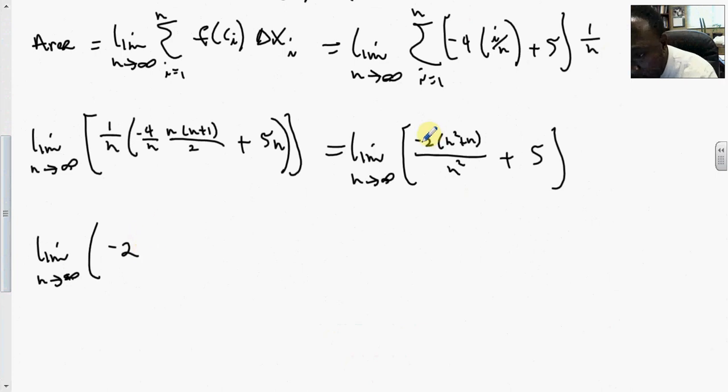And then this is negative 2 times n divided by n squared, so this is just minus 2 over n plus 5. Now, the limit as n goes to infinity of negative 2 over n goes to 0. I have left negative 2 plus 5, just 3.